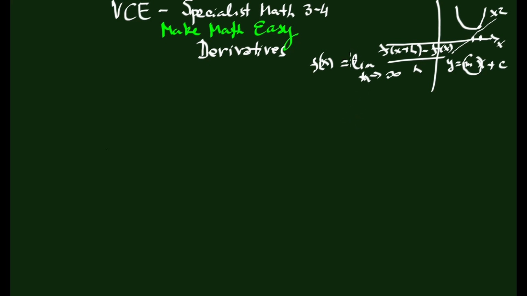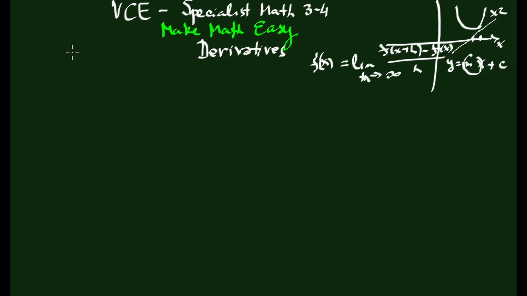That's the definition of f prime of x, your first derivative. You should have known that from your theory in years 11 and 12 about derivatives. That's in short what they are.